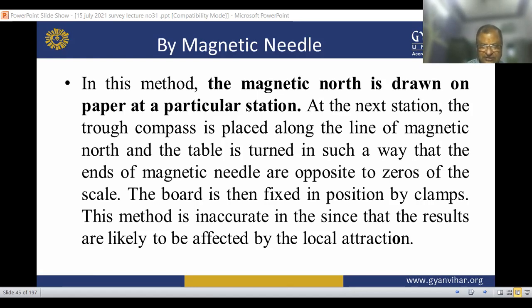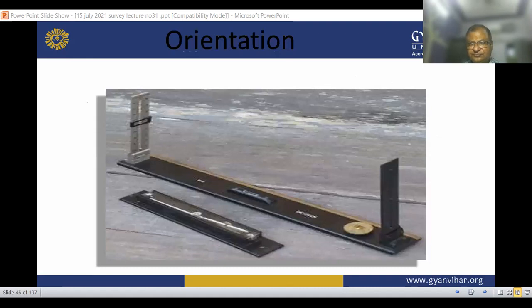This method is not very accurate in the sense that the results are likely to be affected by local attraction. So this is orientation.